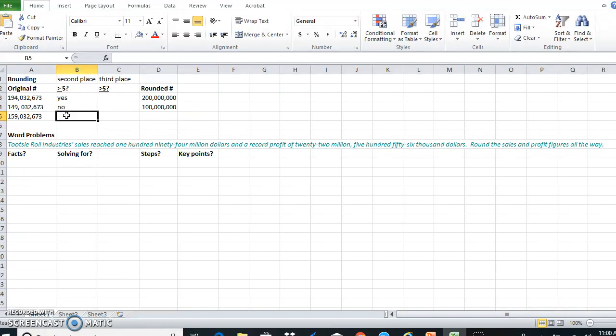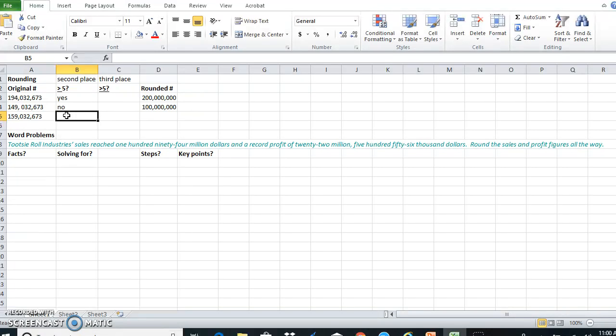Now, we do the same thing with 159,032,673. We're looking at the 1 because it's in the 100 million place, and we need to know whether or not we're changing it to a 2. So the second place is a 5.